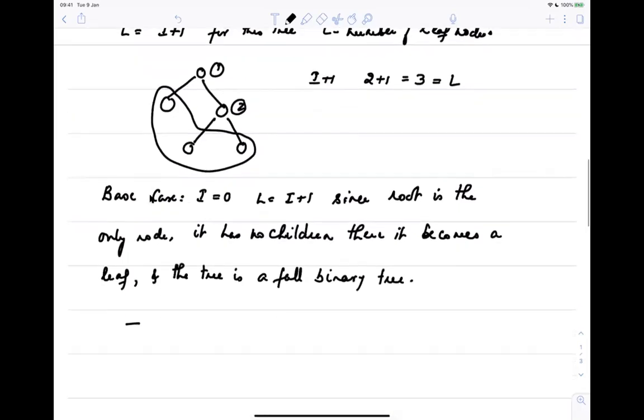This implies one leaf node. This implies I, which is 0, belongs to S.